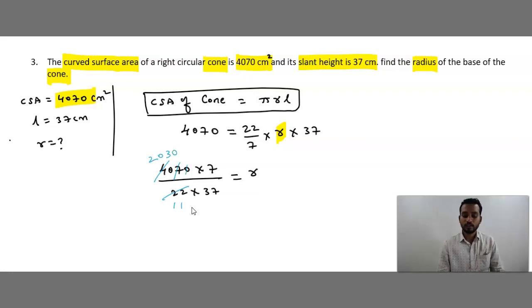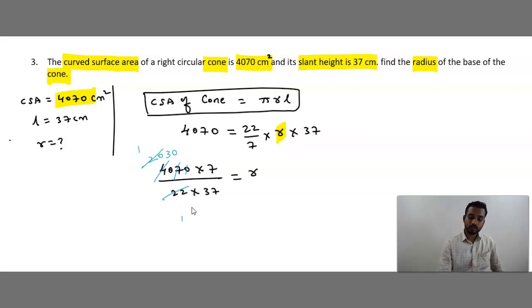Then again can we cancel this? Yes. 11 ones are 11, 11 ones are 11. Is it confusing? Yes, we have to do a calculation like this. If not, directly also we can cancel. If you are getting confusion, directly also you can cancel.